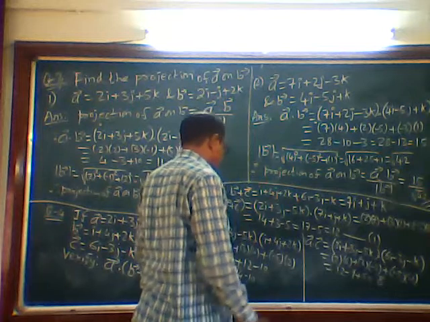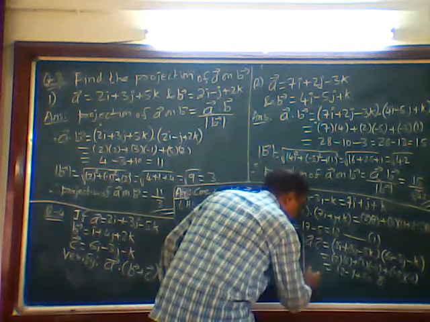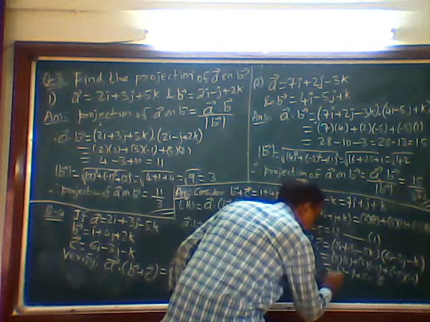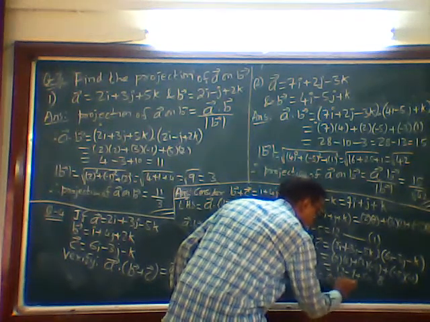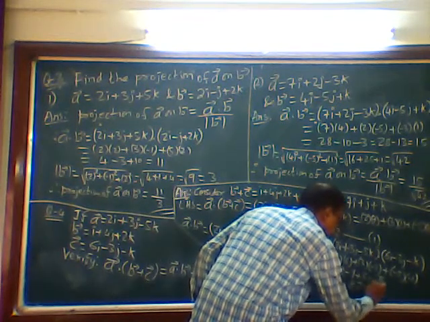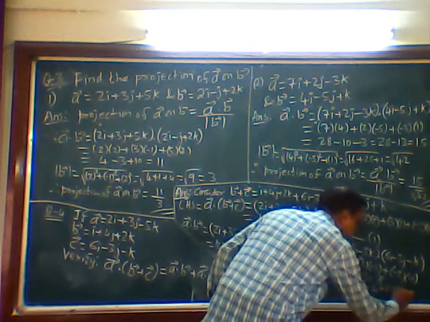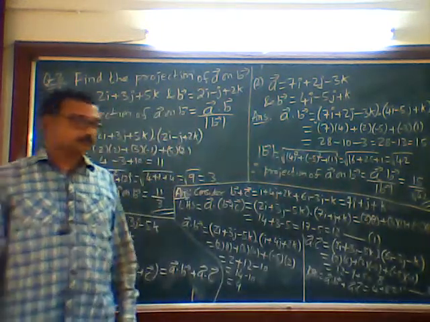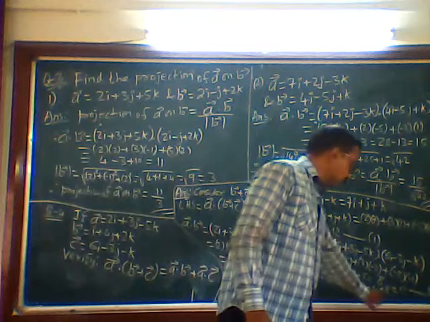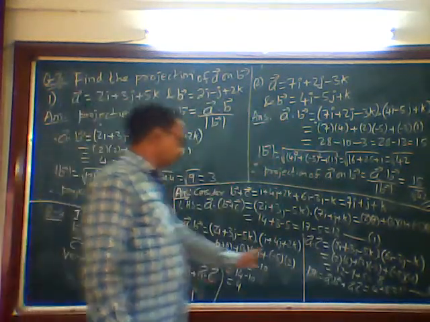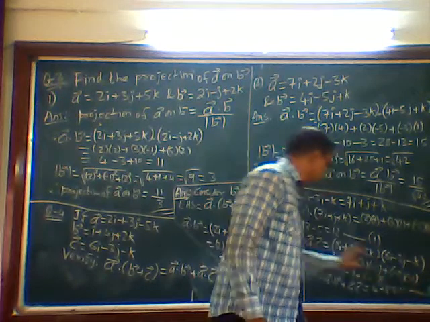Okay, now therefore I say, what is RHS? RHS is a bar dot b bar plus a bar dot c bar. 4 plus 8 is equal to 12, equation number 2. From 1 and 2, both are 12.